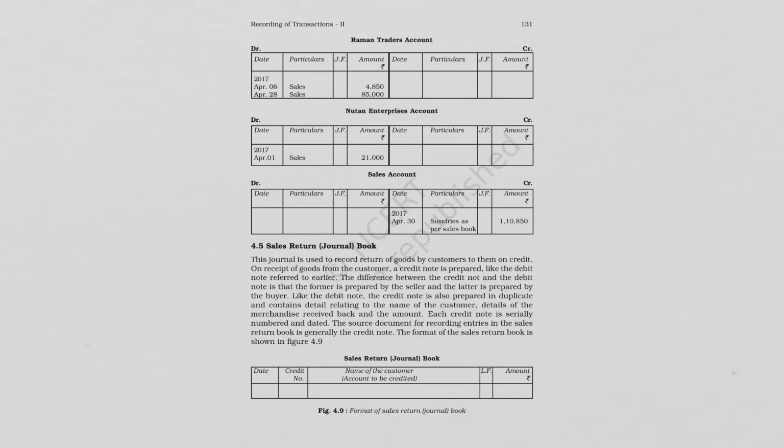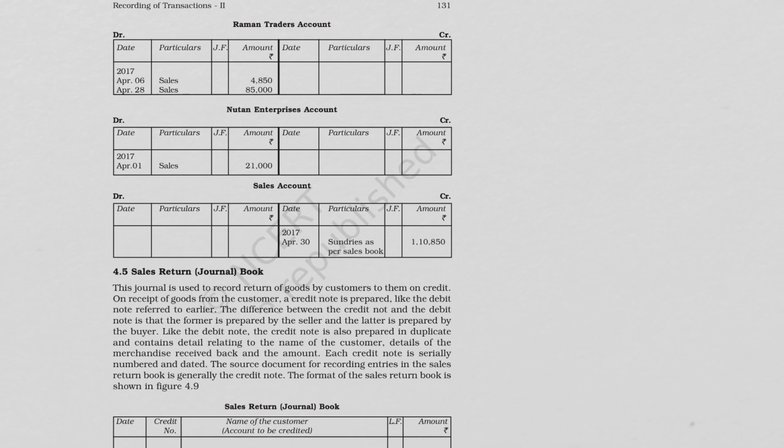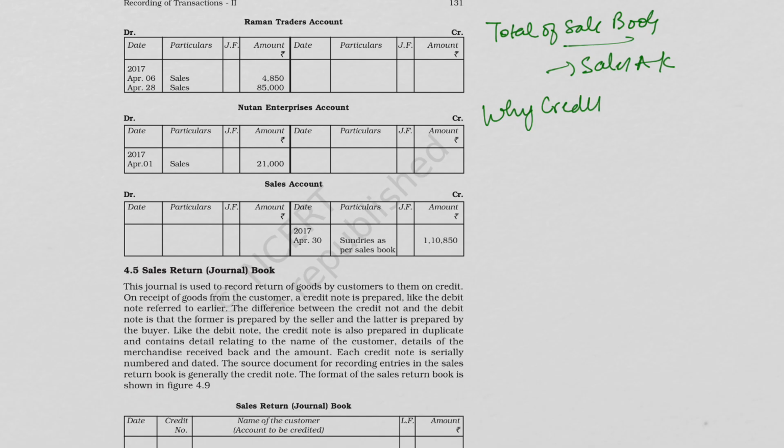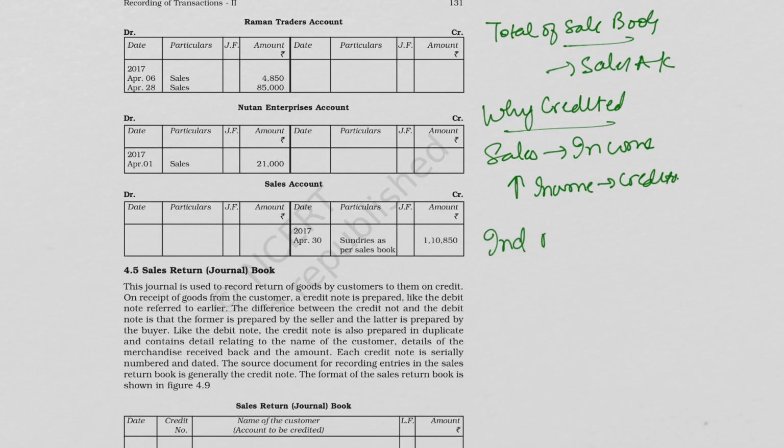Let us understand posting from the sales book. At the end of the period, say monthly, the total of sales book is credited to the sales account. Why is it credited? Because we know sales is income, and any increase in income is credited. And why are the individual accounts debited?